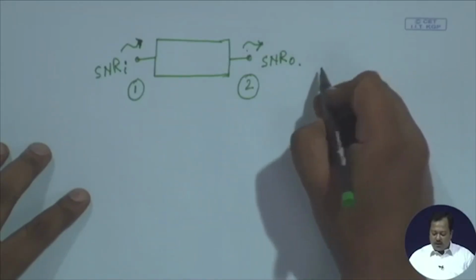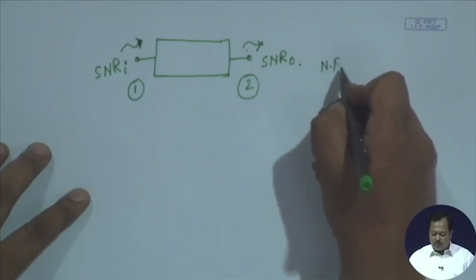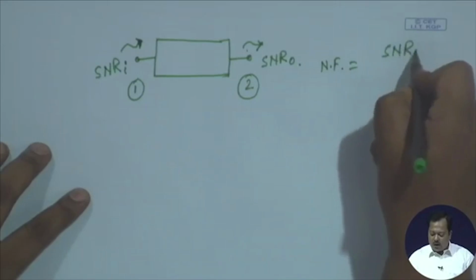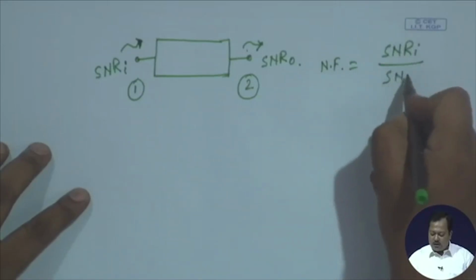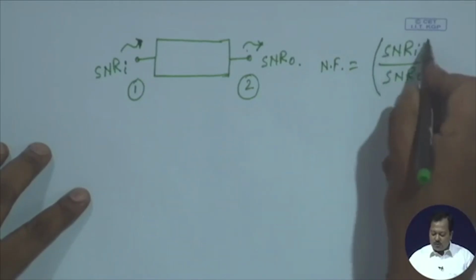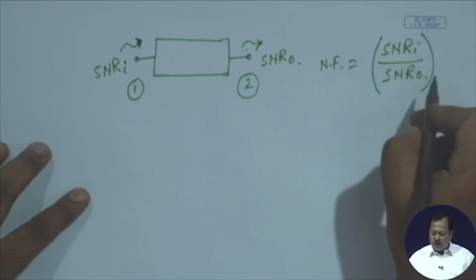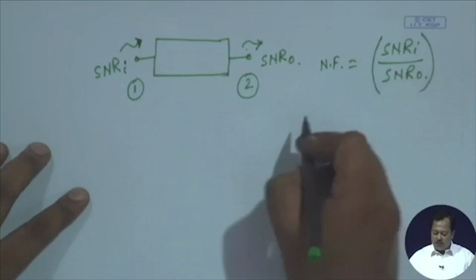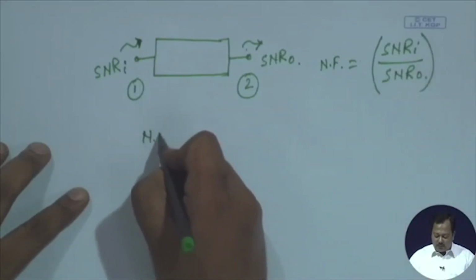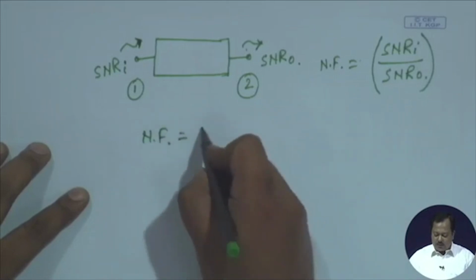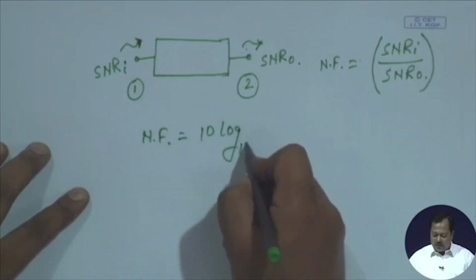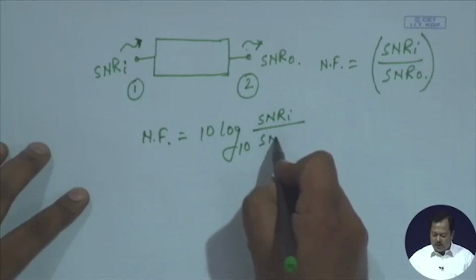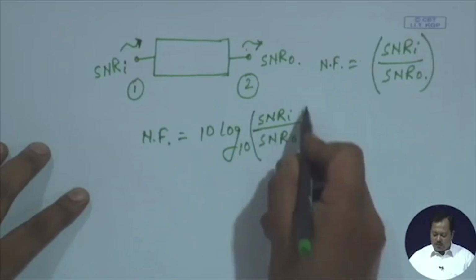Now if I take the ratio of SNR at the input and SNR at the output, usually we represent it in decibel scale, and we call it the noise figure. So, the noise figure is 10 log10 of SNR at the input divided by SNR at the output, in dB.